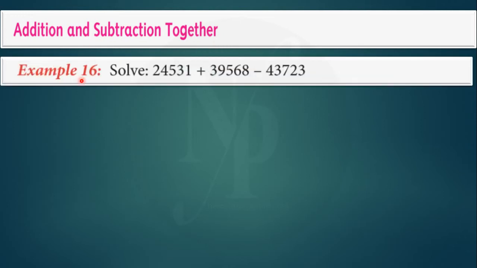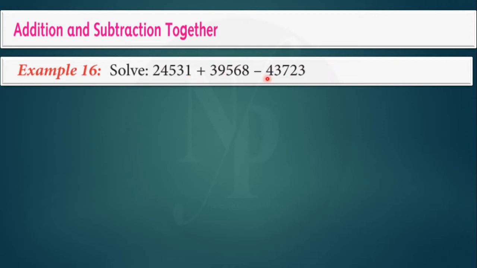Example number 16 in your textbook. Solve 24,531 plus 39,568 minus 43,723. Look at this problem. Here both addition and subtraction are involved.